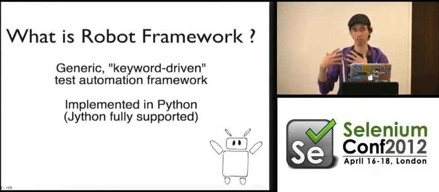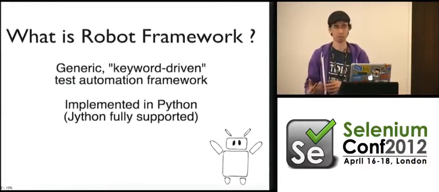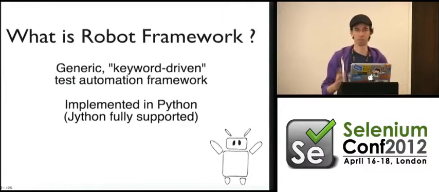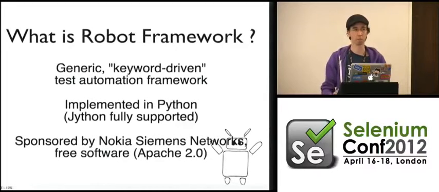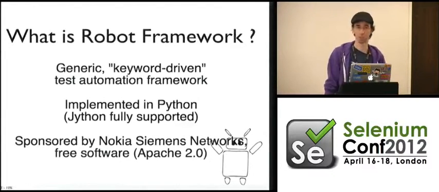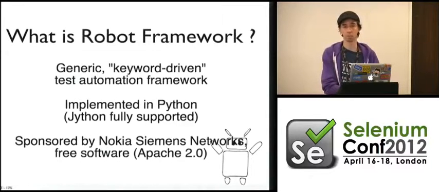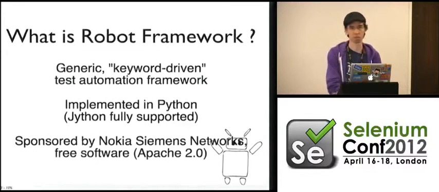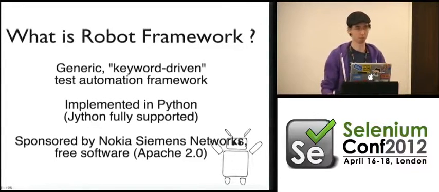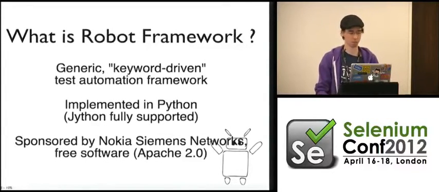So extending Robot Framework with Python and Java is treated as a first-class citizen by the core team. And as I said, it's sponsored by Nokia Siemens Networks. It's been open source for quite a few years now, and it's licensed under the Apache 2 license, and it's free software.